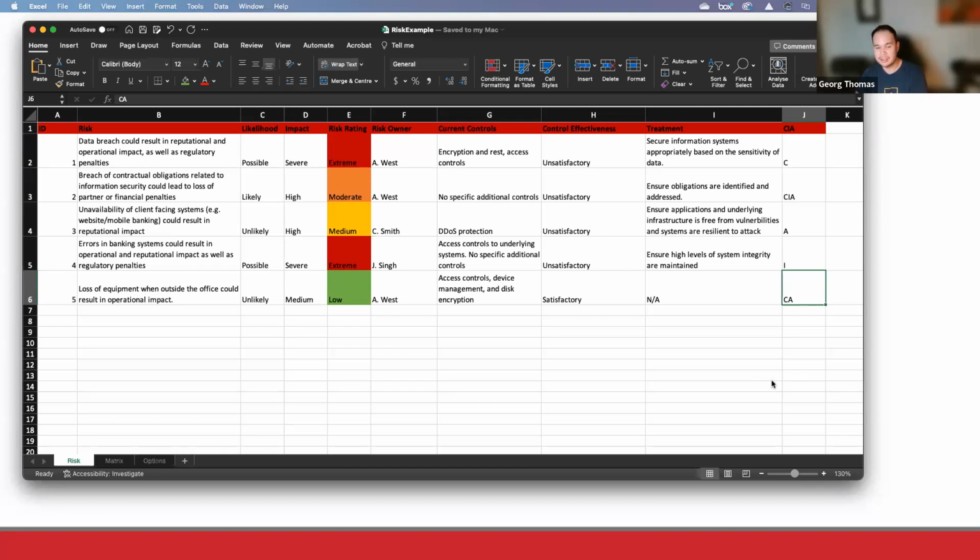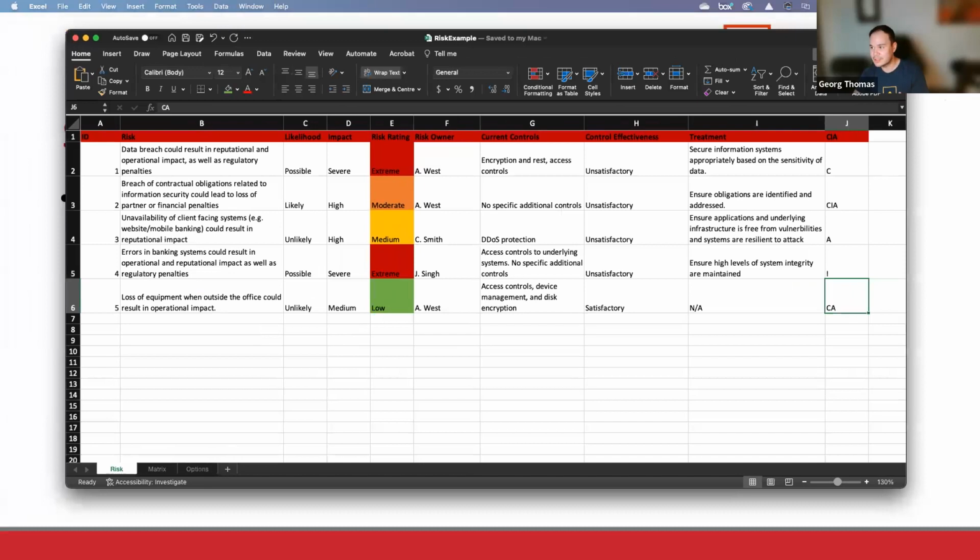One that would probably make you even madder is the one about integrity. If your account information is wrong, that would make you pretty upset. If you thought you had money and suddenly you didn't, maybe if it went the other way you'd be less upset, but obviously it doesn't quite work that way. So capturing that is the starting point.